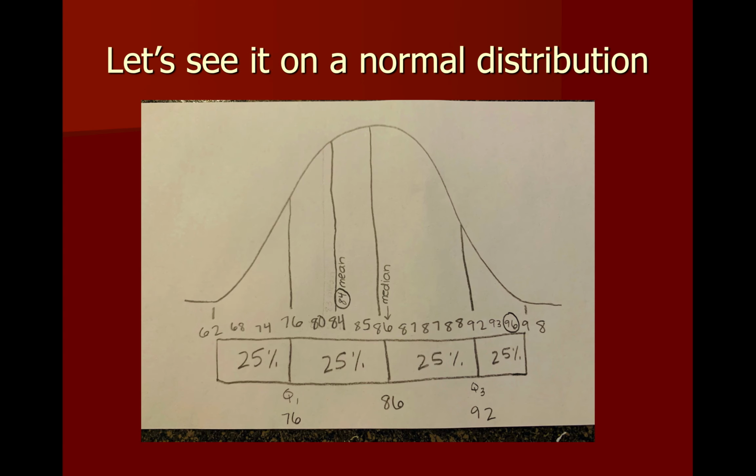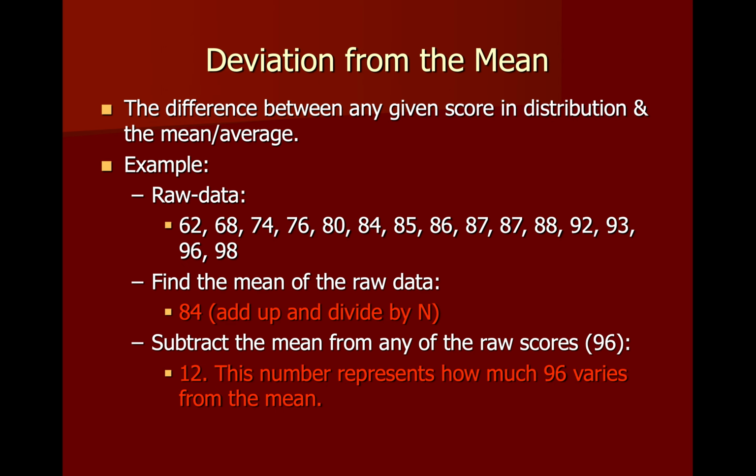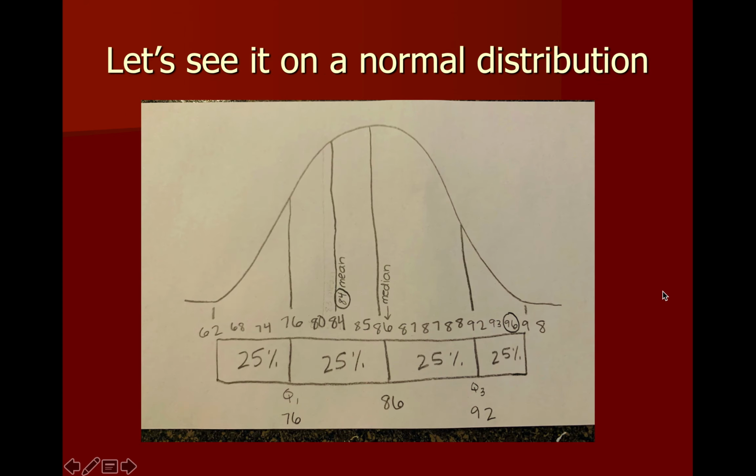Alrighty, so let's see it on a normal distribution. This is that one score that we chose to look at, this 96, is all the way up here. So it's in that 75th percentile. It's not in the norm. Where a lot of the normal scores hang out is here in the middle. Instead, it's really up here, which is quite unique.